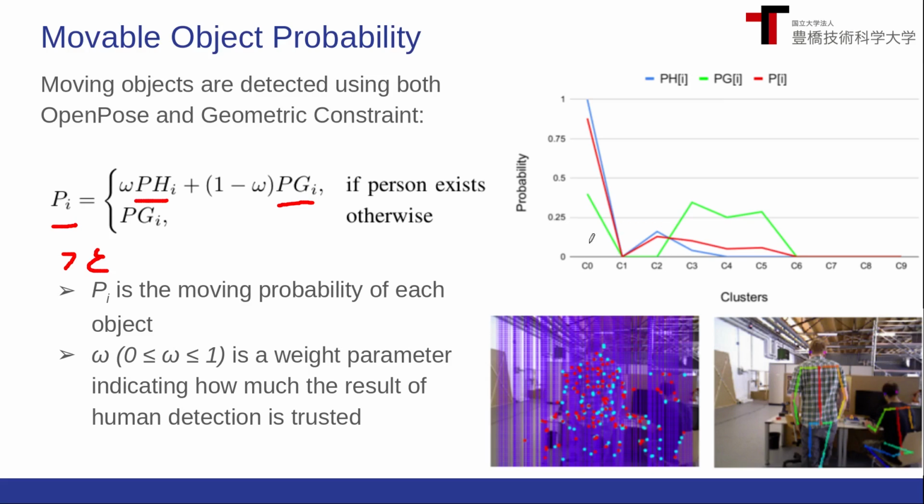In this case, we found the object C0 has very high values for all three probabilities, so this object is judged as a dynamic object. We can set a threshold by referring to the probability value of each object.